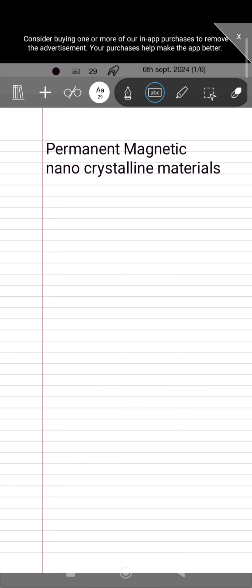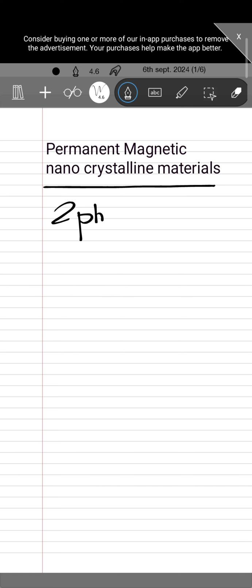We'll first start by considering a two-phase mixture of a hard magnetic phase and a soft magnetic phase. Hard as well as soft magnetic phases.